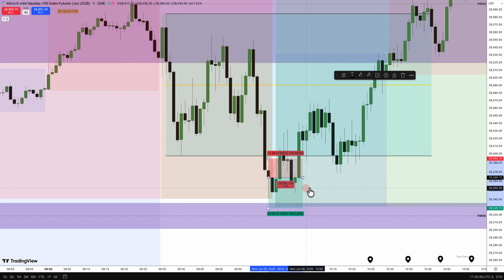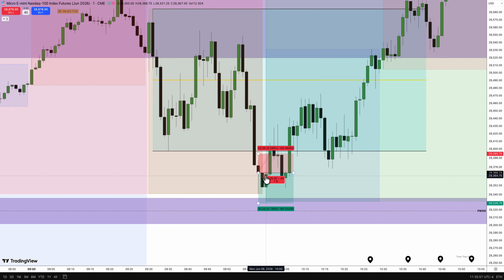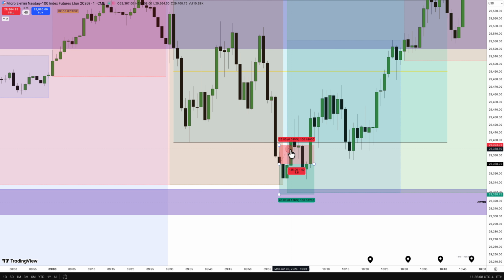Right after I entered, price just went down here, okay, and then another candlestick opened, and then it went higher, and then another candle went higher, and it closed my trade. Yeah, it has triggered my stop loss.